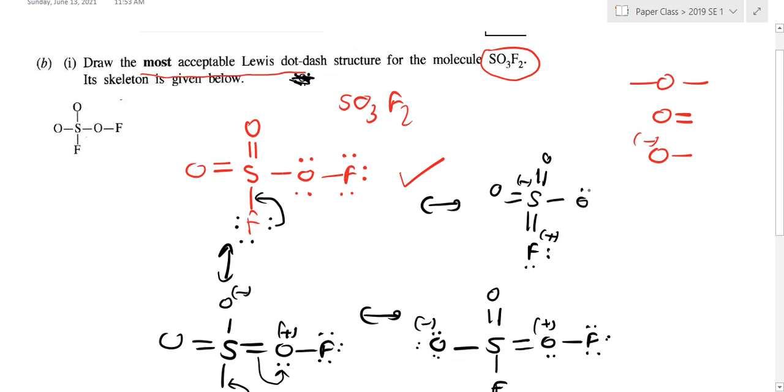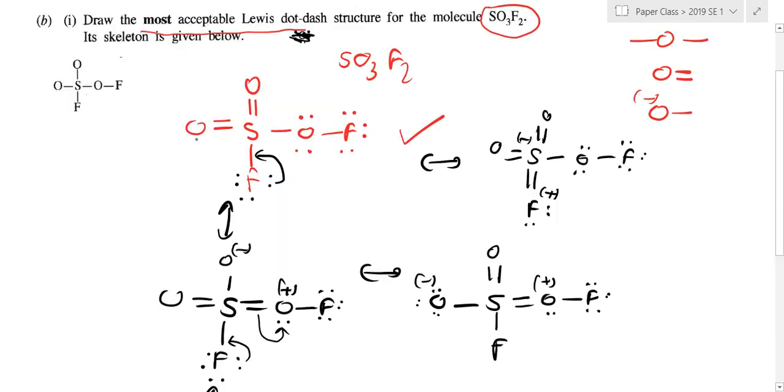This O and this should be fluorine. Likewise, this is also true. The overall charge is 0, minus plus 0. You always have to consider that the overall charge should be 0. In here the charge is not given, which means plus and minus should cancel out. Therefore the overall charge is 0, right?